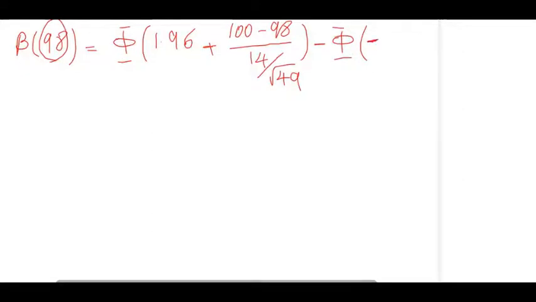Here we just should add a negative sign. So minus 1.96 plus 100 minus 98, 14 divided by 7.